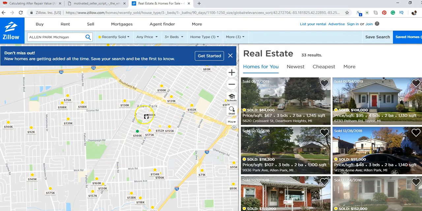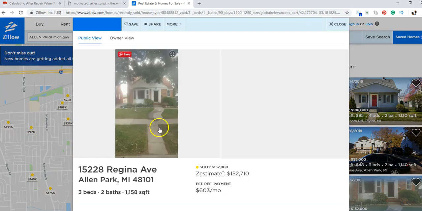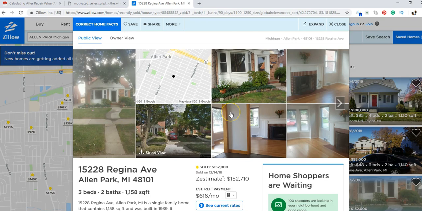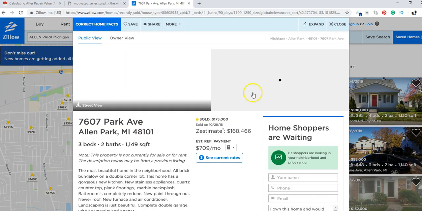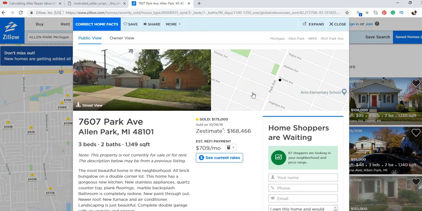So you can see where they're running. It gave us an estimate of 141. You can see some properties are selling for a little bit more than that, so you might want to stretch it a little bit and go up to 150 on your after repair value, because you can use these comps. But don't get carried away. Just because one sold for 175, don't just throw yours up there and say mine's going to sell for what that sold for.